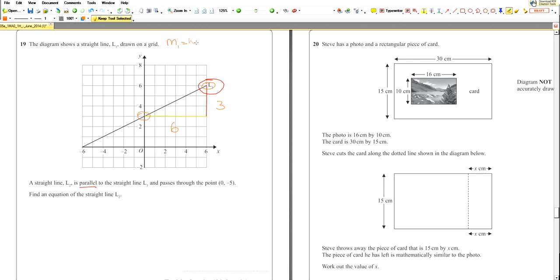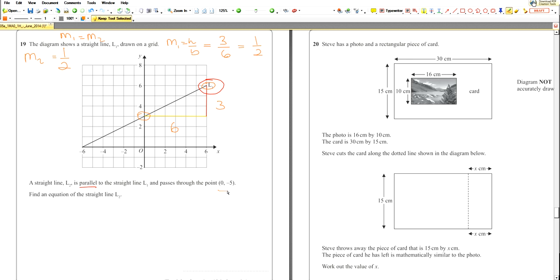The gradient is the height divided by the base, so 3 divided by 6, which is a half. The gradient of line 1 is a half. What is the gradient of line 2? It is also a half, because the lines are parallel. So M1 equals M2.